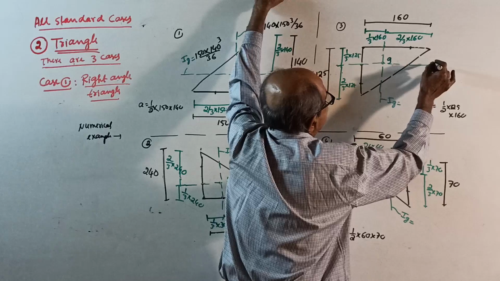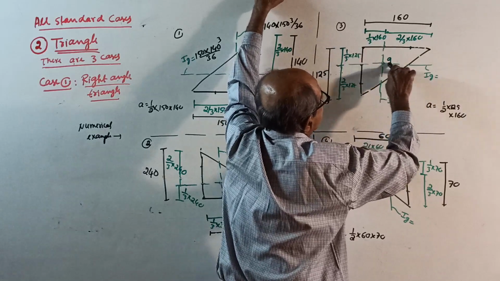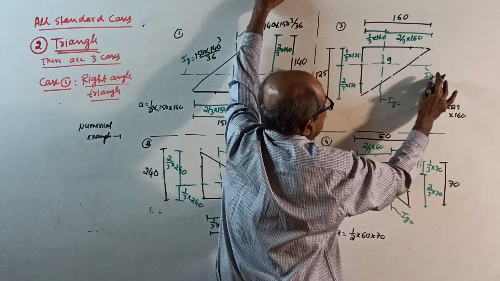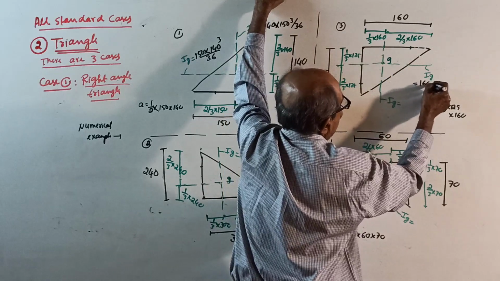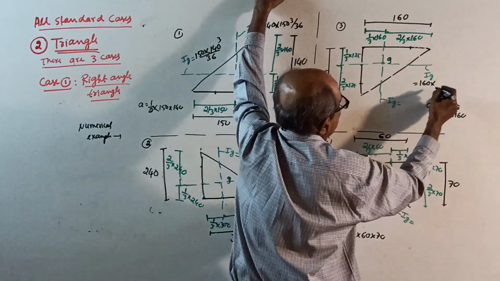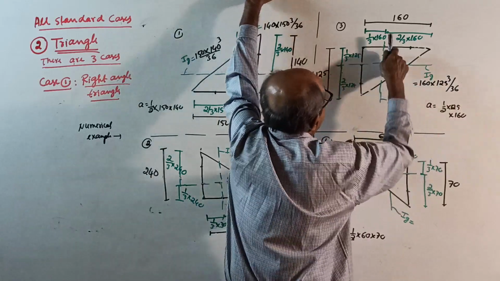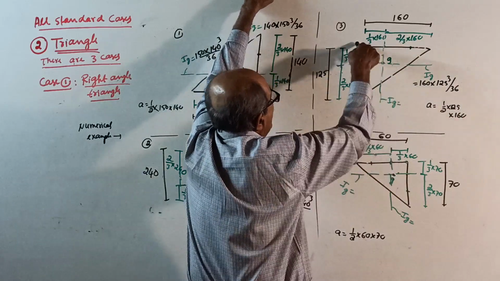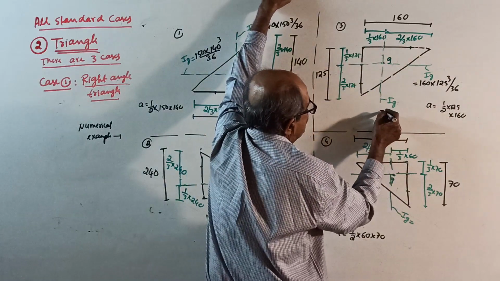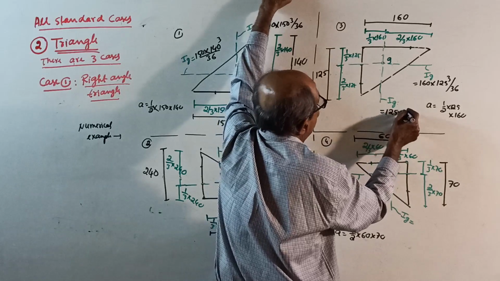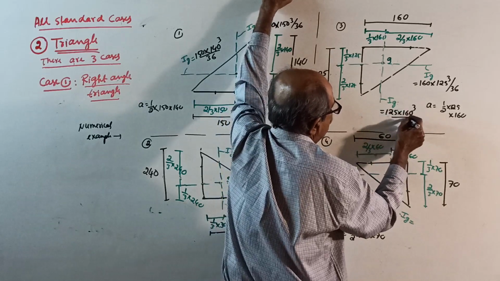This IG, parallel for this axis is 160, so it is 160 into perpendicular 125: 125 cube by 36. For this axis, parallel is 125: 125 into 160 cube by 36.